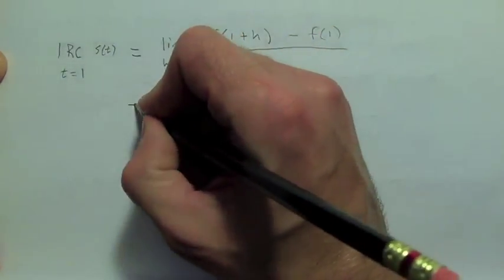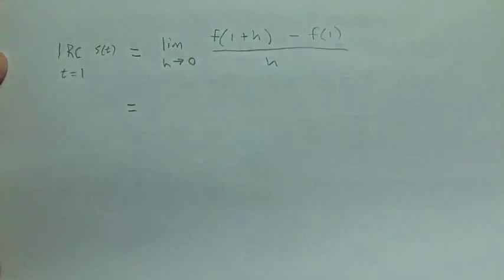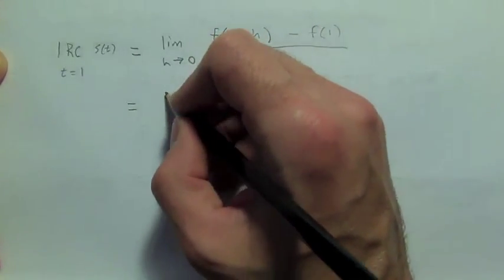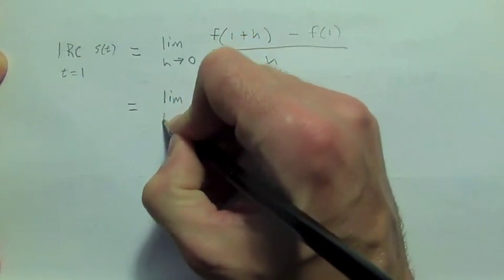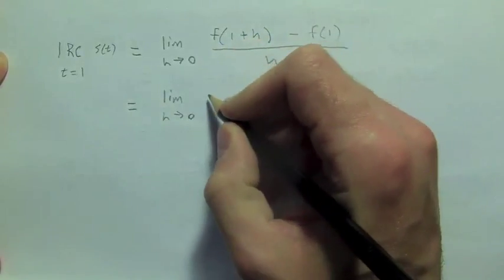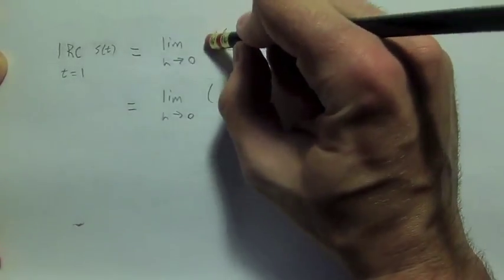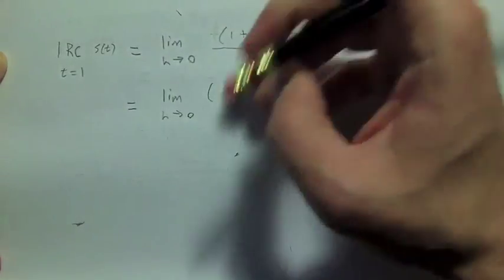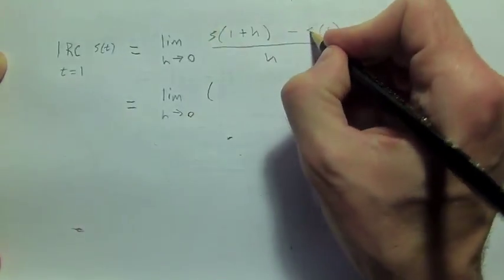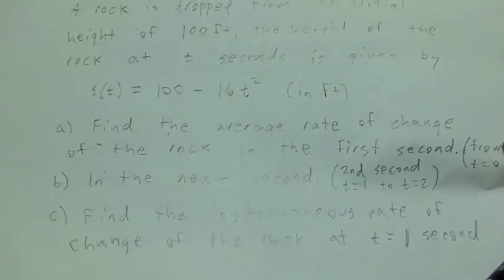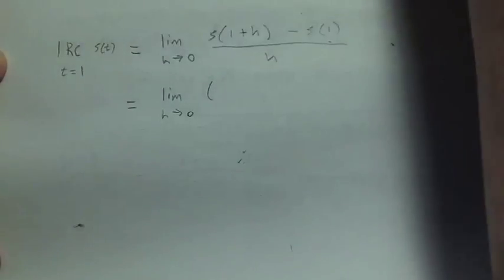And we're going to calculate this limit. Right, so you'll have trouble doing this if you don't remember how to calculate limits. Okay, so this will be the limit as h goes to 0 of, remember what our function was? Oh, and I wrote f's here. These should be s's. My bad. This was 100 minus 16t squared.